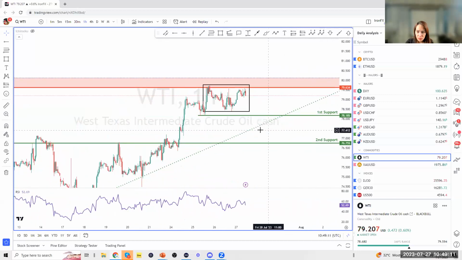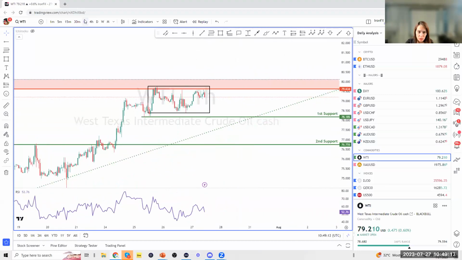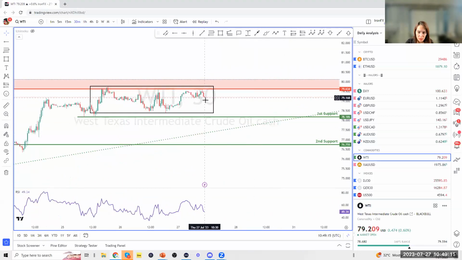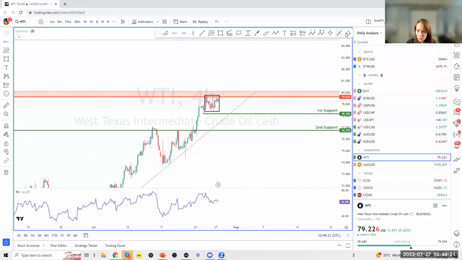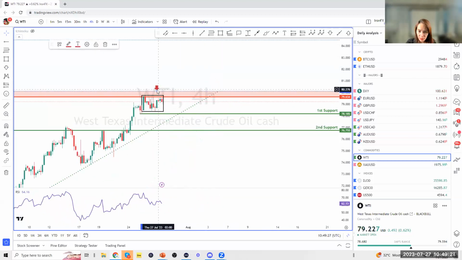So you may sell, wait for the price to close, or you may sell now if you want to. This is already our resistance level. We go to the lower time frame, we see that price could not break above this area.